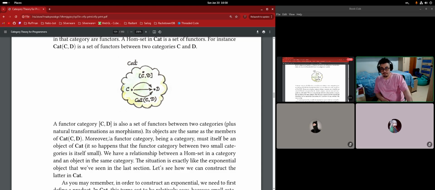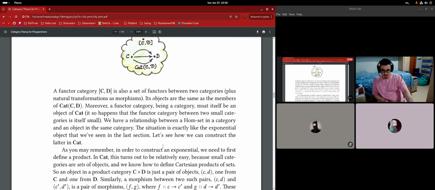Moreover, a functor category being a category must itself be an object of Cat. Makes sense. We have a relationship between a home set in a category and an object in the same category, which is kind of the same internal versus external thing that we have seen before in chapter 9. The situation is exactly like the exponential object that we've seen in the last section.